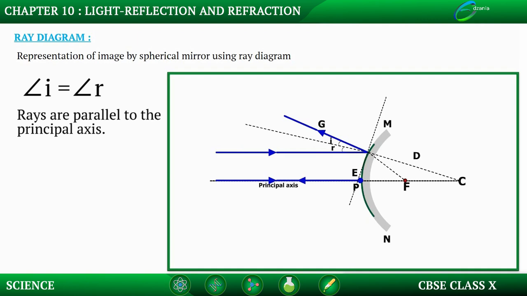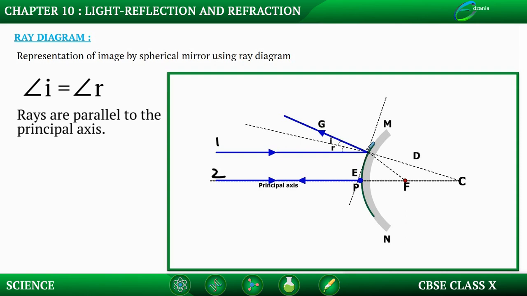With the same concept, we will see how the convex mirror behaves in this scenario. So again, ray 1 and ray 2 we consider, which are parallel. Ray 1 is falling at a point of incidence somewhere at D. The line joining that point with the center of curvature is the normal at that point.